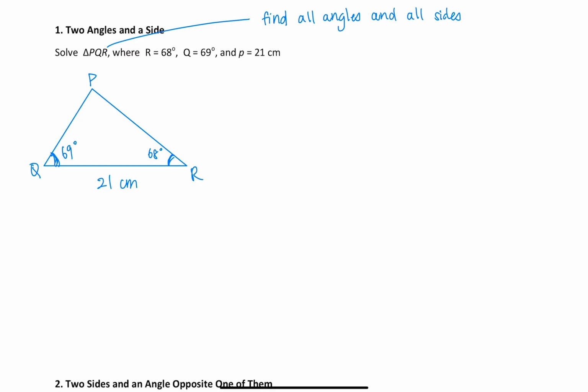Let's first figure out our remaining angle here. That, remember, is quite easy because we know all the angles in a triangle add up to 180. So in order to find what's left, we take 180 degrees and just take away what you have. Okay. And you will get that angle P is equal to 43 degrees. And we can add that in. I'm just going to add in a different color so we can differentiate what we knew before and what we know now. Okay.